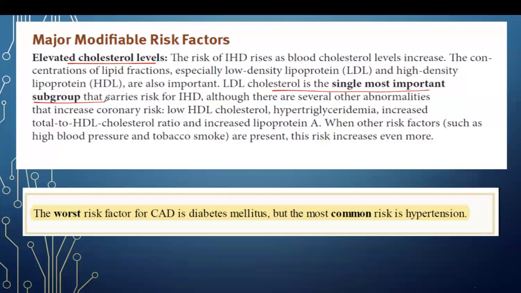Do you know what is the ideal LDL cholesterol for patients who we suspect are high risk for myocardial infarction? What should be the ideal value? The ideal value is less than 1.8.